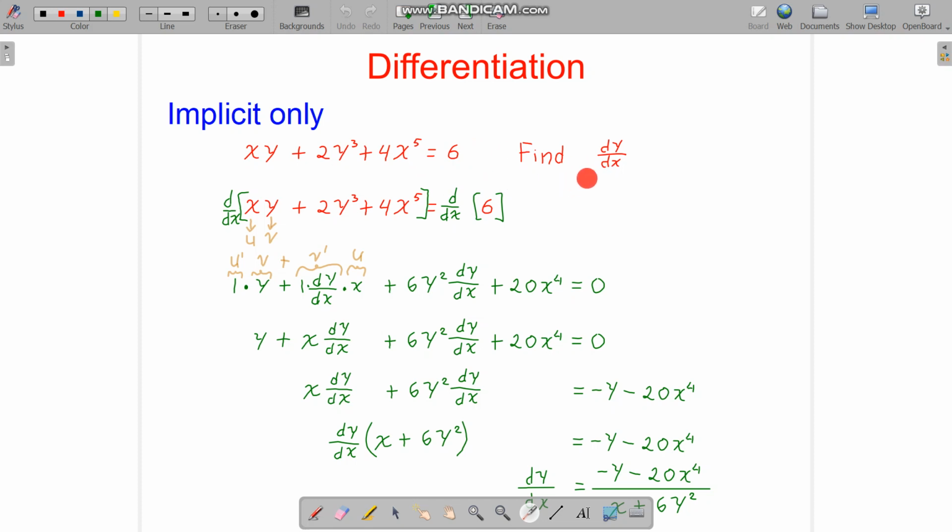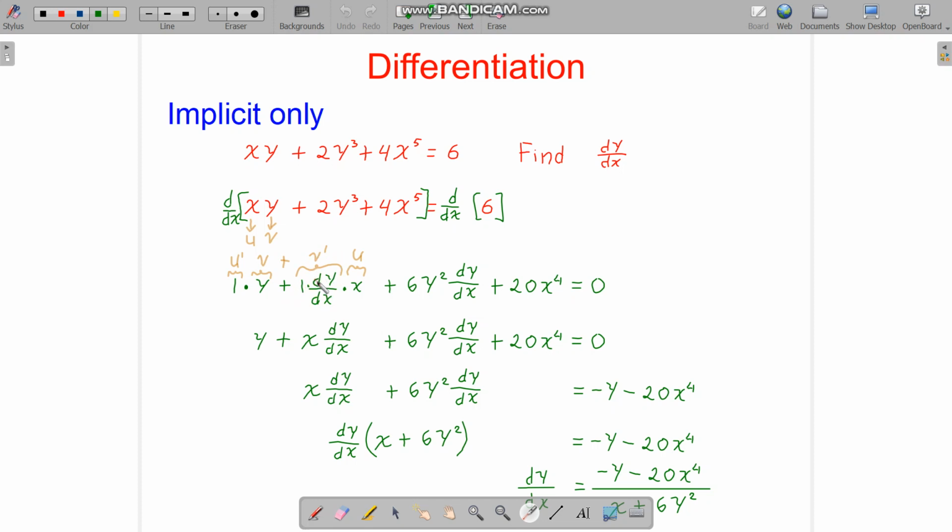So to find the dy/dx, we differentiate both sides with respect to x. Now for xy, this is using the product rule. The u is the x, the v is the y, so we have u prime, the derivative of x, times v, plus u times v prime.